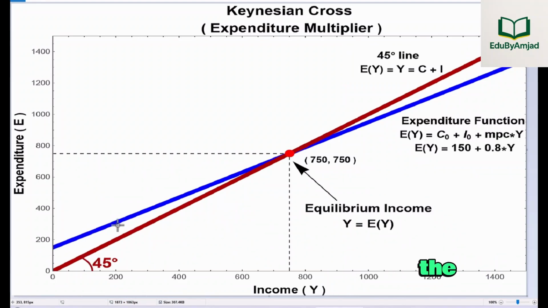The blue line is the expenditure function, with autonomous spending equal to 150 and an MPC of 0.8, which determines its slope.